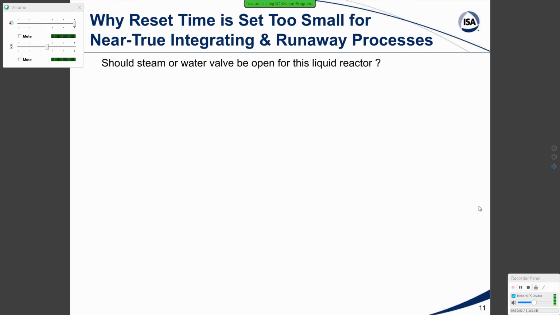Now, it's interesting, in the hydrocarbon industry and for very fast self-regulating loops, we don't have this concern with reset time.